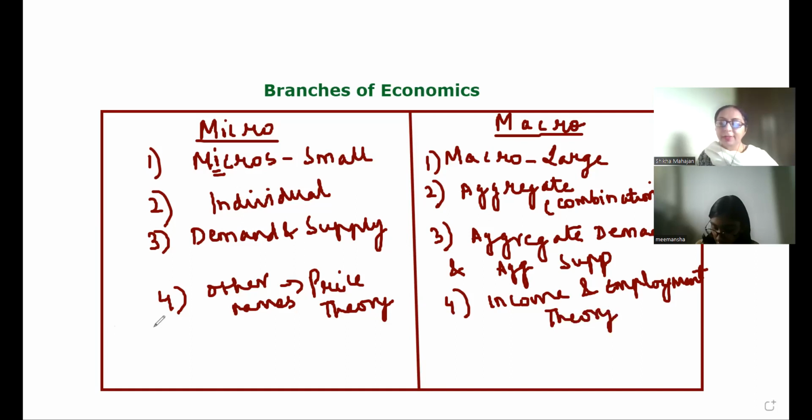So there are some basic assumptions that we follow. See, economics, can you tell me, is it a science or a social science? Social science. Why not science? Because science follows some fixed principles, right? There cannot be fixed principles in case of economics. Suppose you say that I mix hydrogen and oxygen, it will form water, right?